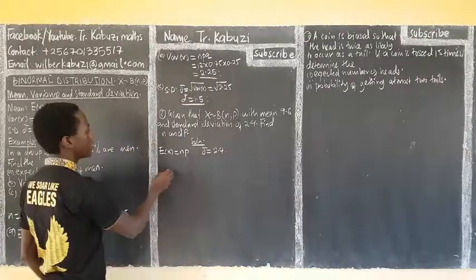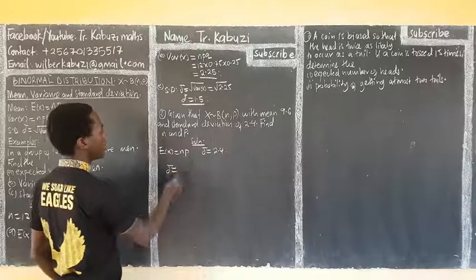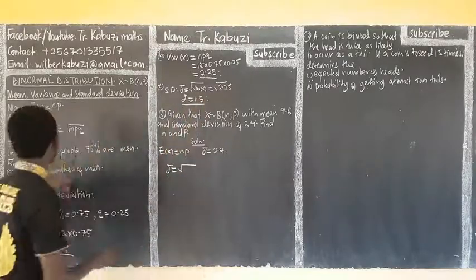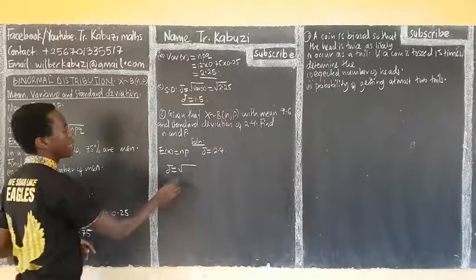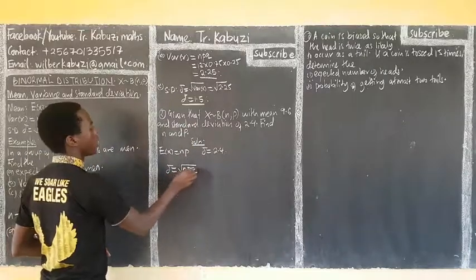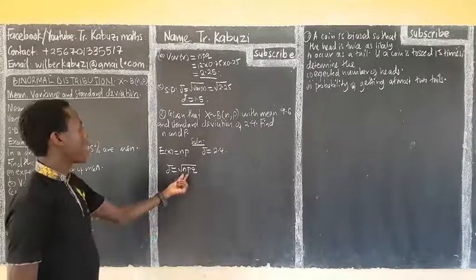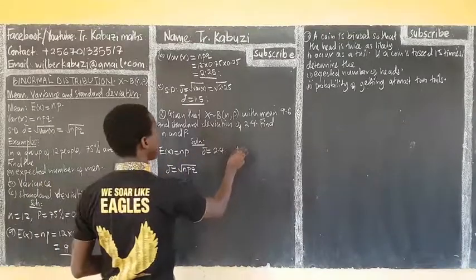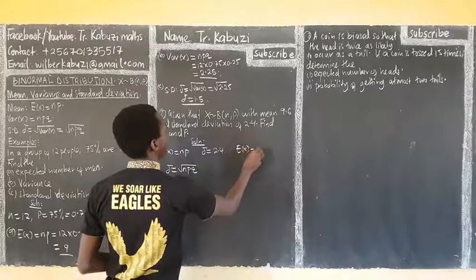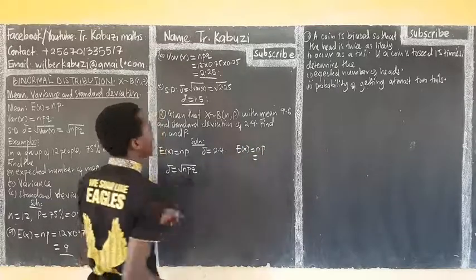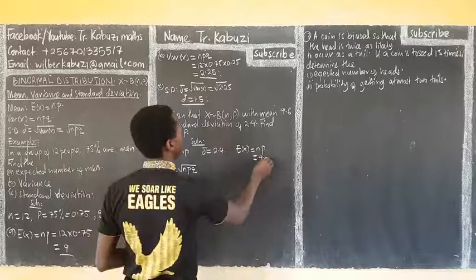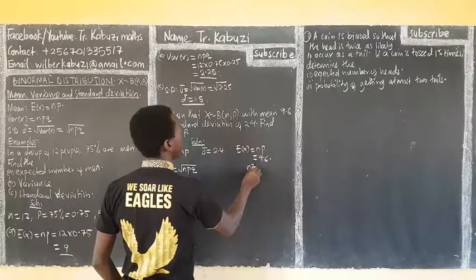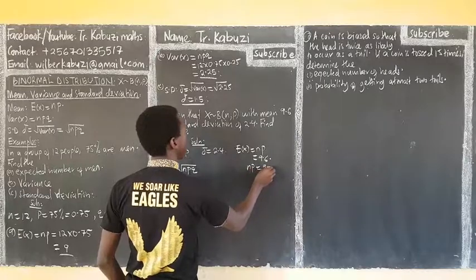Look at the standard deviation. Our standard deviation is always given by the square root of the variance, the square root of npq. Now, we have np from here. Our mean was given as 9.6, so our np is 9.6.